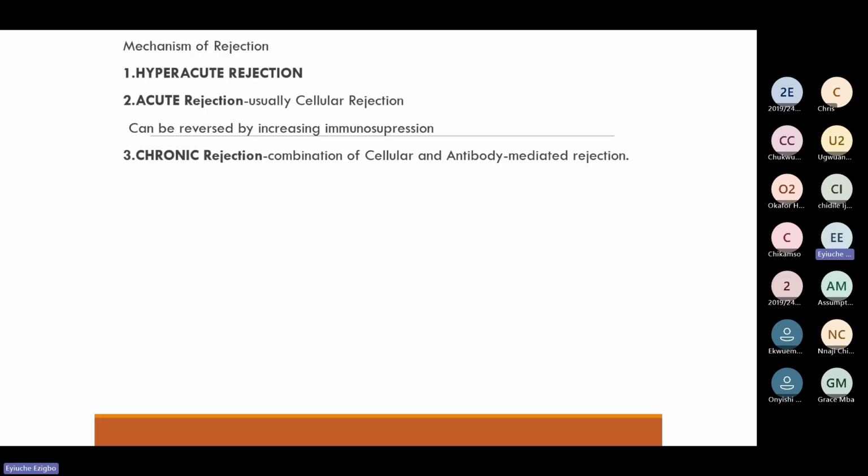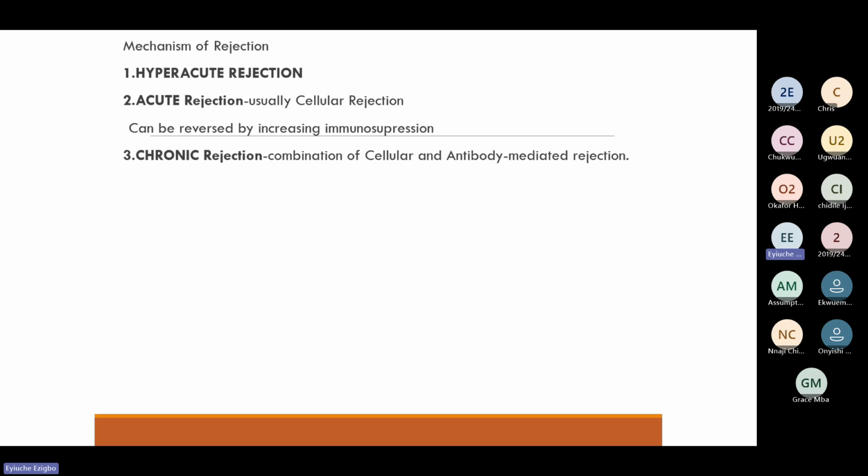So there are mechanisms for this rejection. This rejection can be hyperacute, very immediate, or it can be acute, or it can also be chronic. Acute, usually cellular rejection, can be reversed by increasing immunosuppression.